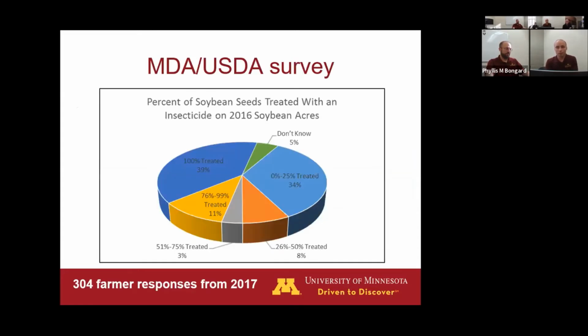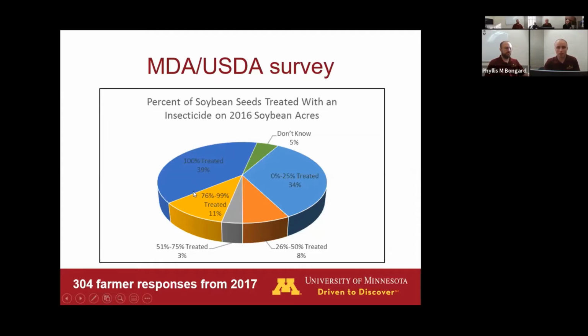So if we look at Minnesota in particular here, the Minnesota Department of Agriculture and the United States Department of Agriculture did a survey back in 2017 asking farmers about their seed treatment use for the previous year. So for 2016, and this pie chart summarizes the results that they got from this one particular question.